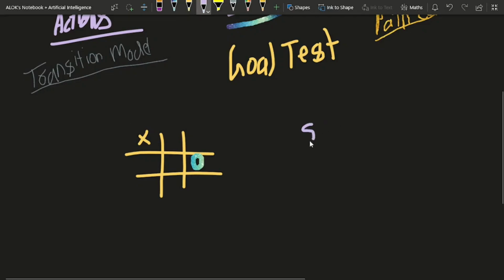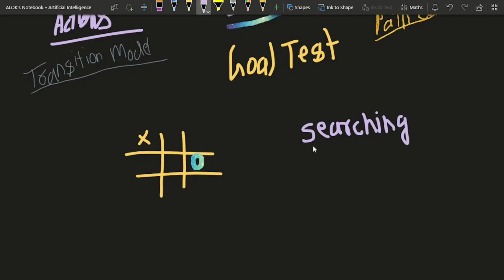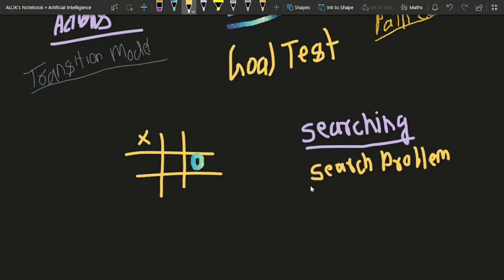So let's now talk about searching. We'll be covering this topic in depth, but for this video, let's have a brief understanding of searching in AI. In order to understand searching, we first need to understand what a search problem is. A search problem is something that has an initial state, right?